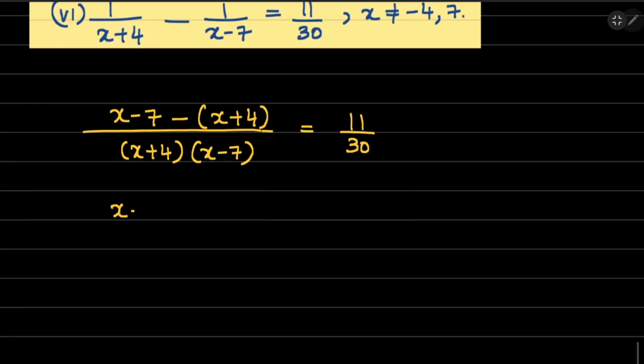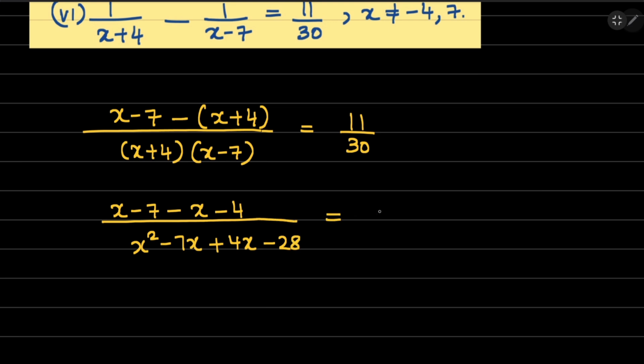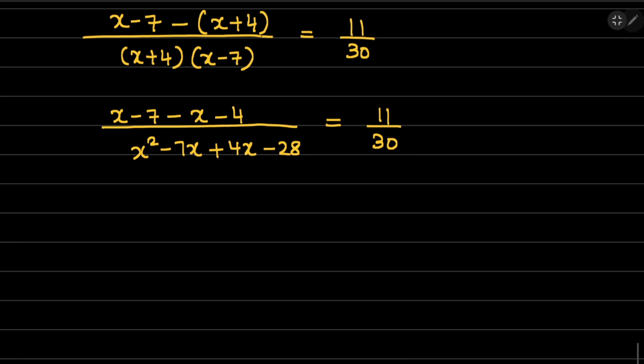So let's open the bracket. So you have x minus 7 minus x minus 4 whole divided by, in the denominator, x square minus 7x plus 4x minus 28 equal to 11 by 30. So this plus x and minus x will get cancelled.